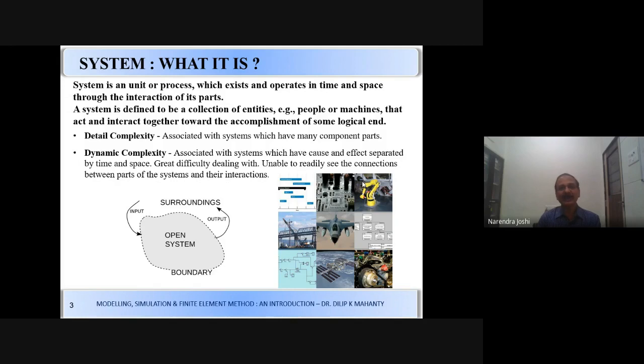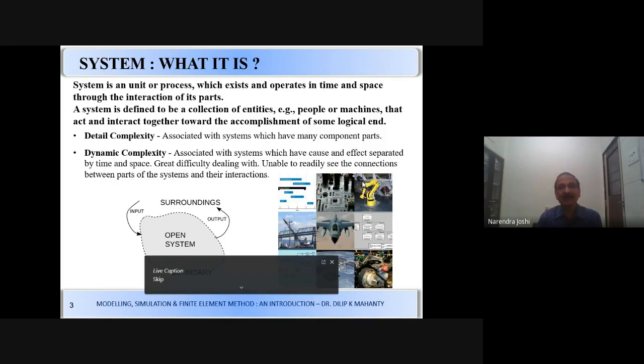This system may have one, two, three, or four components or parts which interact with each other and give some desired output. That is the second definition. A system is defined as a collection of entities, for example people or machines, that act and interact together toward the accomplishment of some logical end.